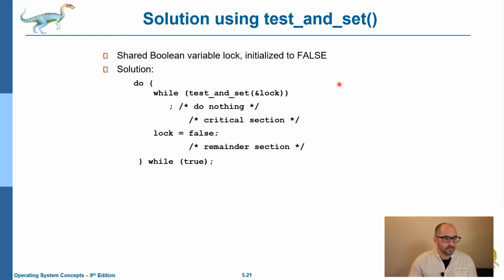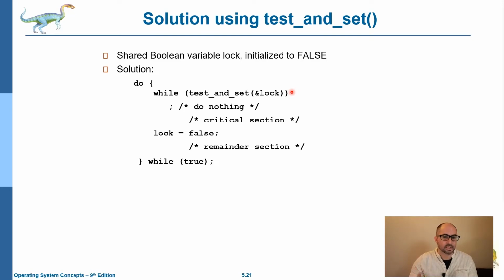How we can use this for our lock is to say we're going to test and set the lock, and this while loop will run, and if the lock was false, that will be the value returned, and we will enter the critical section. As we returned the false value, lock was set to true. So if there's any other process executing the same line of code, it will find true as the value.